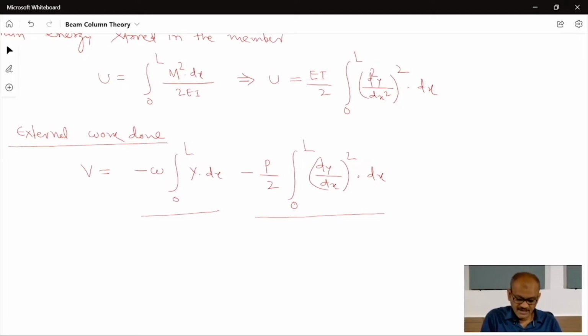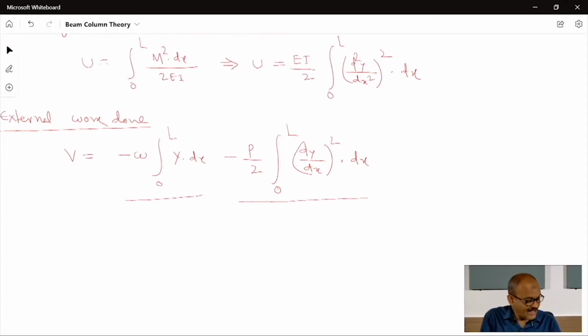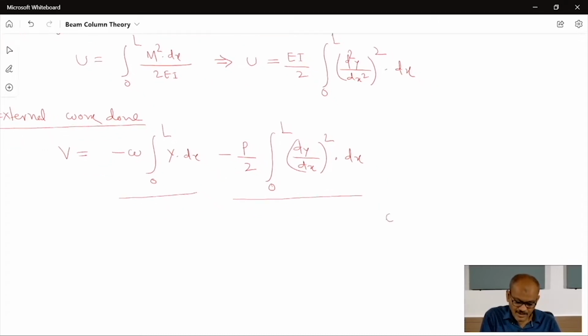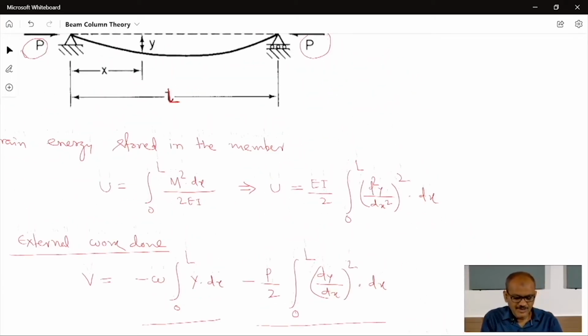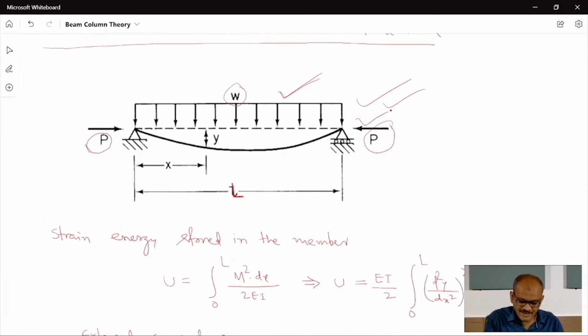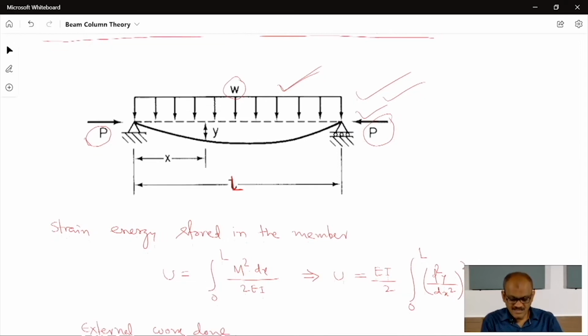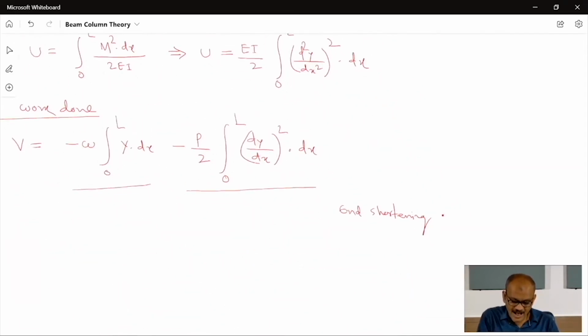This is correct. Now, here is the end shortening value. End shortening means, because of the application of the load, the end will get shortened. That value is half into integration 0 to L into dy by dx whole squared into dx.